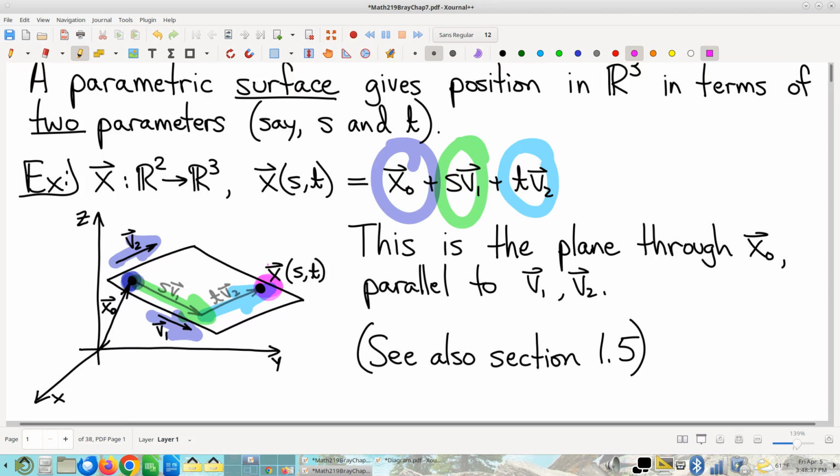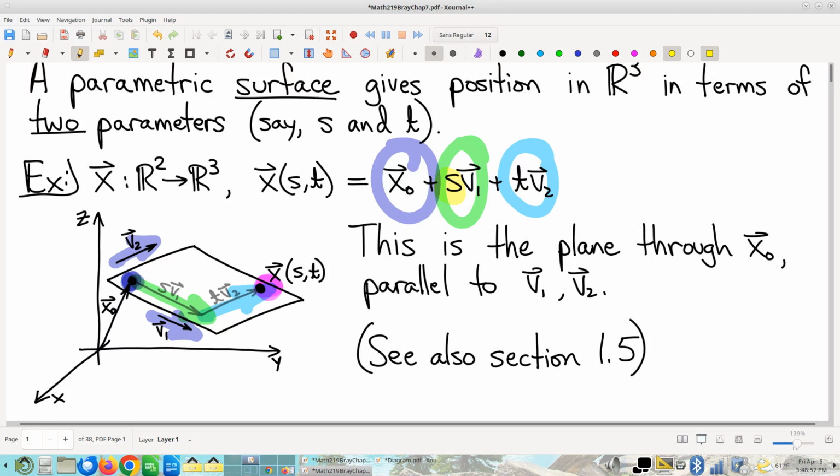Right? And furthermore, you've got this flexibility to go however far you need to. I've got this S here, which means I can move as far as I need to go. Just make S bigger if you want to go farther in that direction. Make S negative if you want to go back that way.